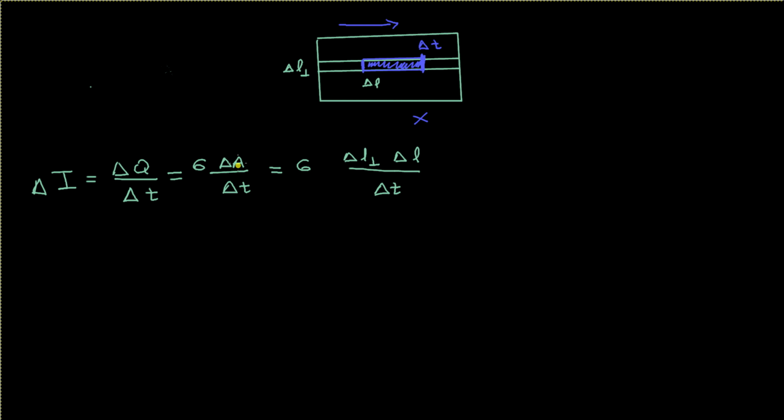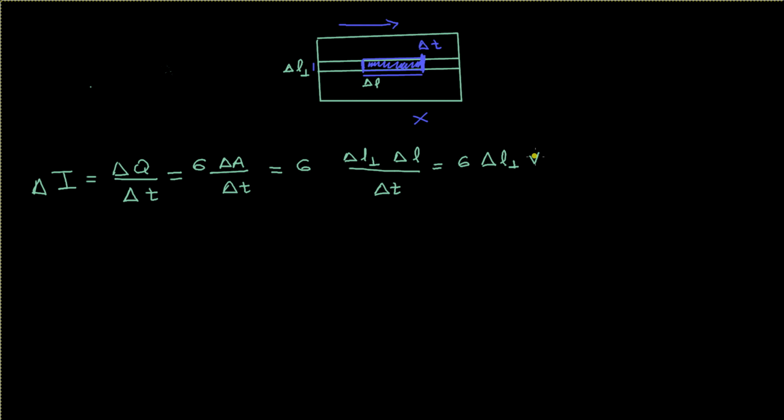So the area delta A becomes delta L perpendicular, which is this, times delta L, which is that, right? It's a rectangle, so that's how I can find the area. And then I say delta L over delta t again. This is V, so this becomes sigma times delta L perpendicular times V.